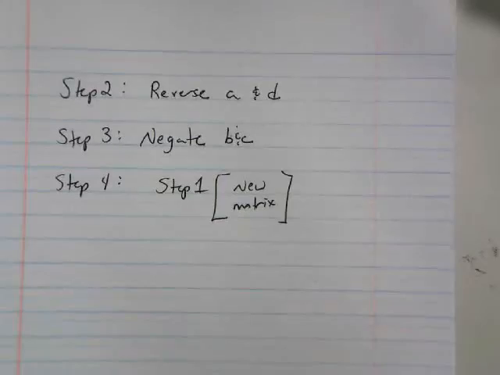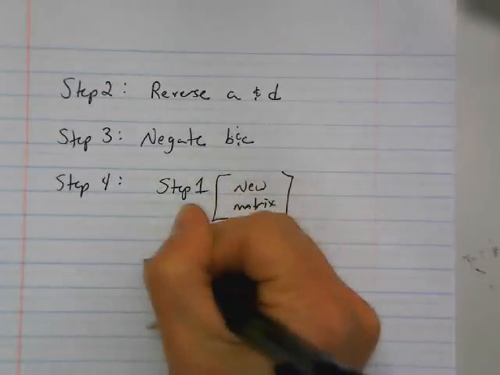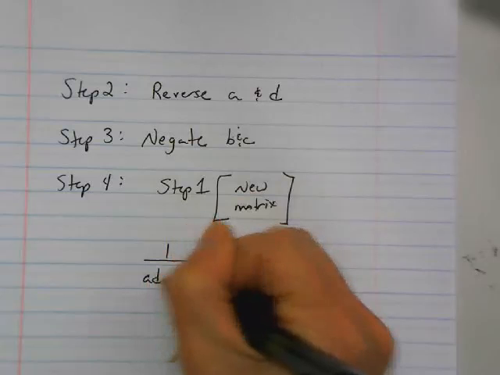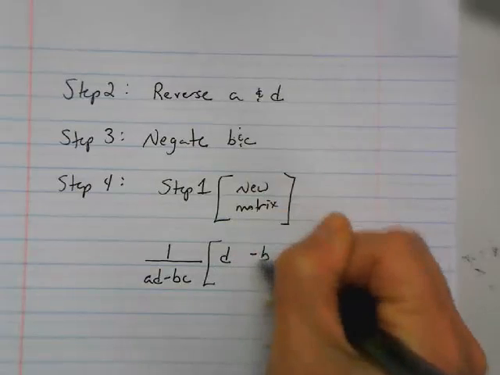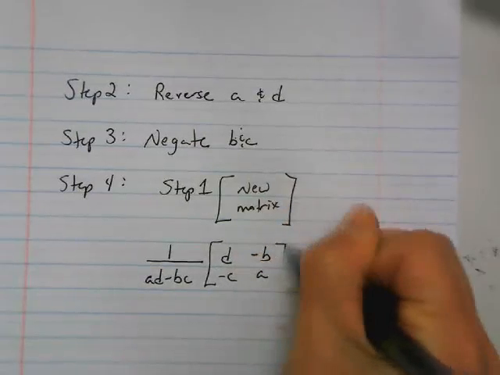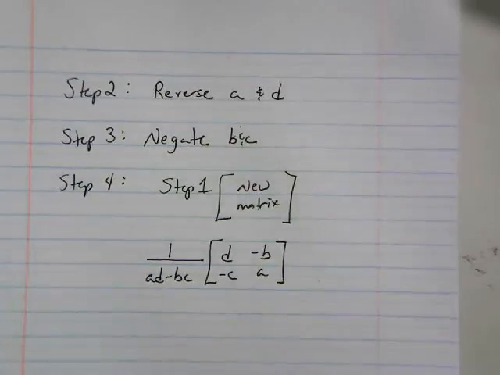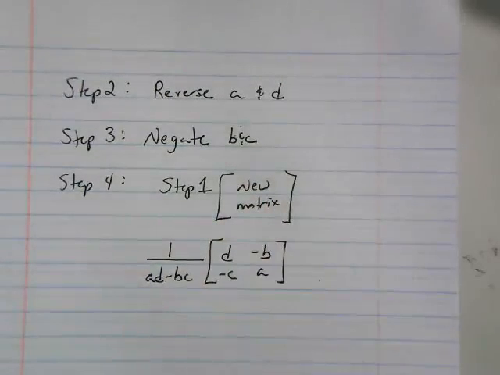Or, if you prefer to write it, it's 1 over what you found, AD minus BC, times D, negative B, negative C, A. Alrighty? So either one of those is going to get you where you want to be.